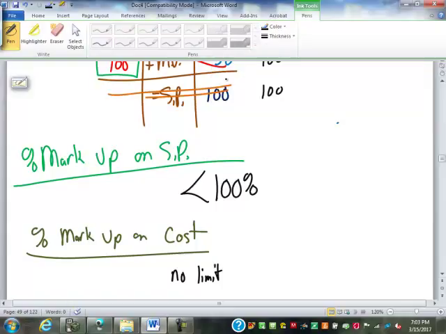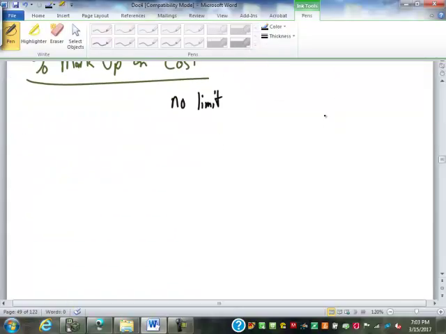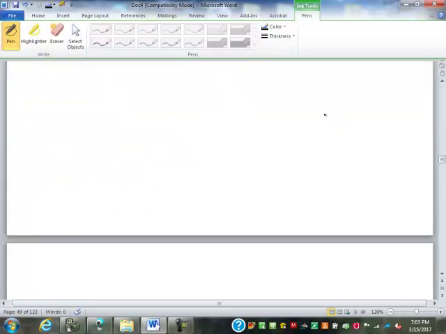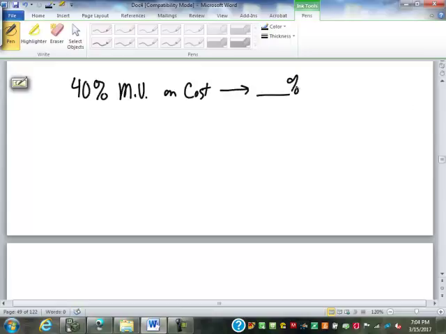I'm going to have you guys try one of these conversions quick. Convert a 40% markup on cost to a percent markup on selling price.